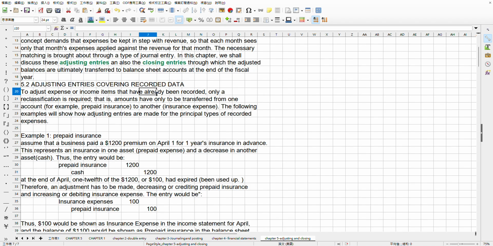Adjusting entries covering recorded data are used to adjust expense or income items that have already been recorded, where a reclassification is required. That is, an amount is only transferred from one account to another. The following examples will show how adjusting entries are made for the principal types of recorded expenses.